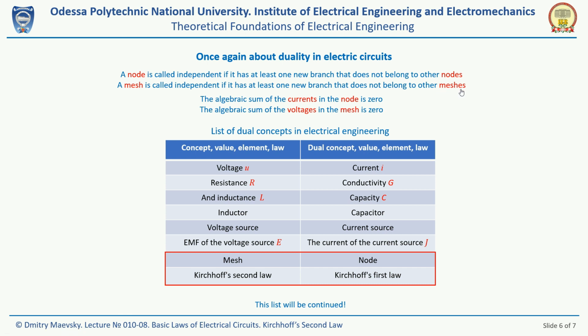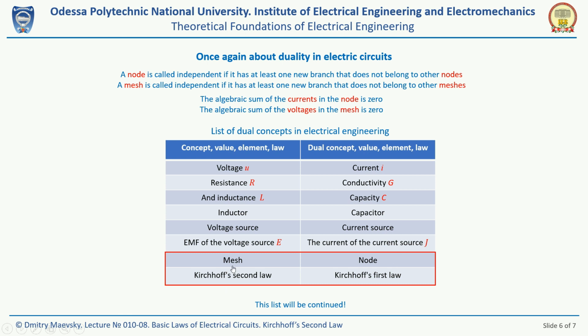So we know that node and mesh are a duality conception. This is a new line in our duality list table. In the previous lecture we knew about this part of the duality table, but today we can add two new duality conceptions.